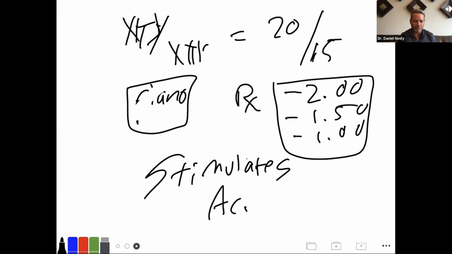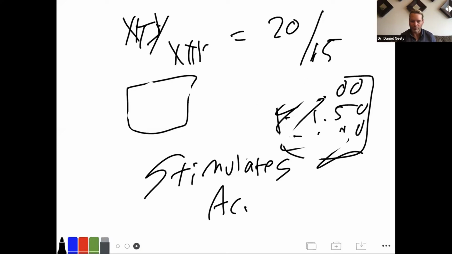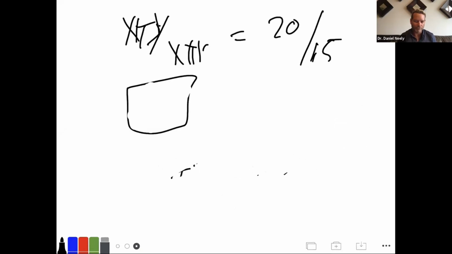Another sample, let's go to the hyperopic sample, all right? What if they weren't plano? What if they were +2?